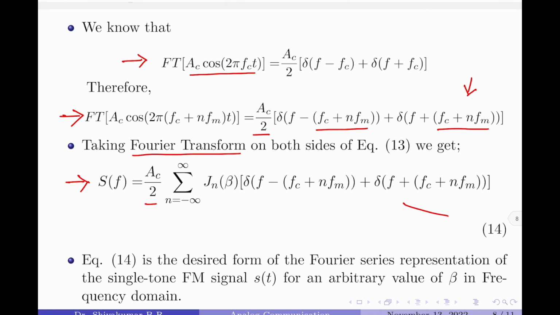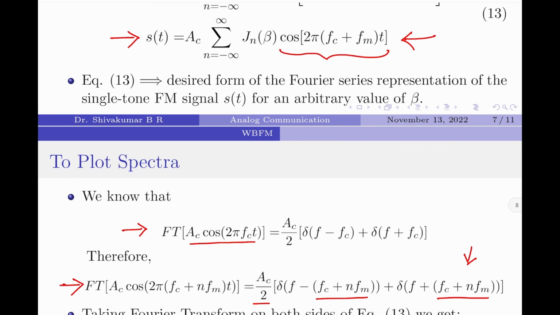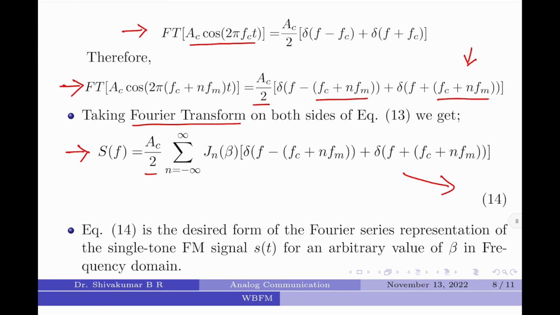This equation, which is equation 14, is the desired form of the Fourier series representation of single tone frequency modulated signal s of t for an arbitrary value beta in frequency domain. I want you to note that equation 13 represents the frequency modulated signal in time domain, and equation 14 represents the frequency modulated signal in frequency domain.